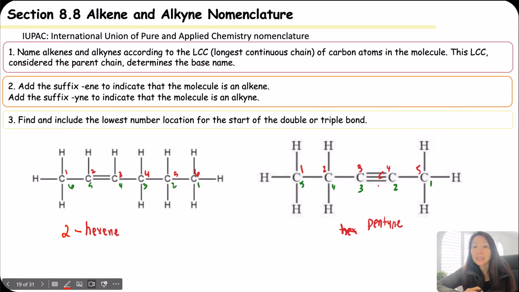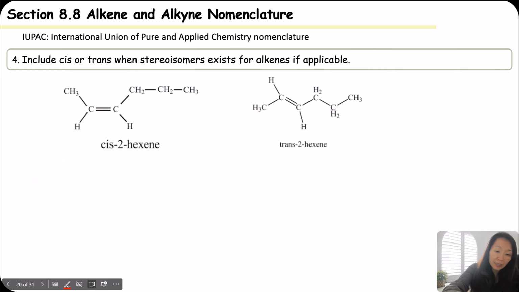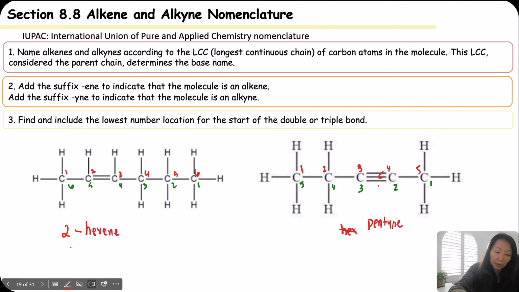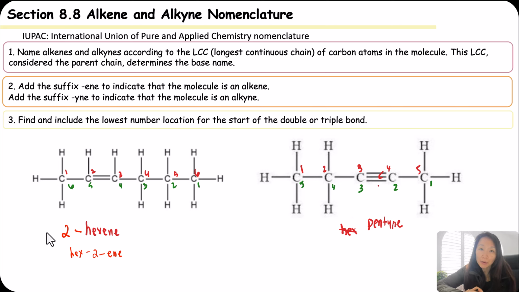You might find in other textbooks, and this is not wrong, it will say hex-2-ene. Something like this is commonly found in a lot of the organic chemistry books, and it's okay to write it like that as well. However, we are going to keep it like this for the scope of this particular class.